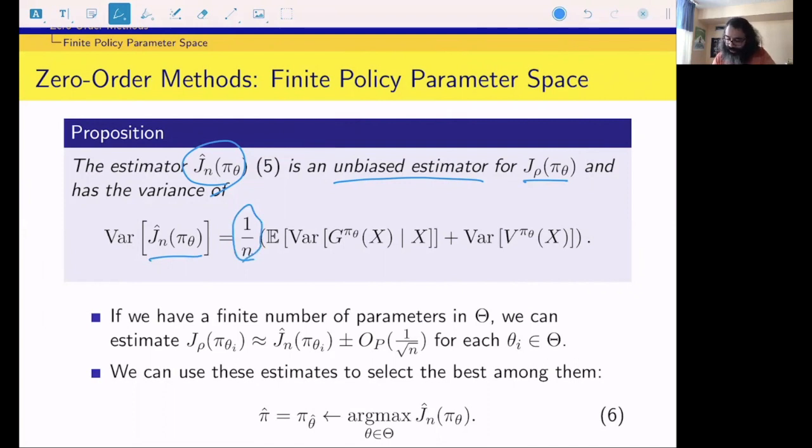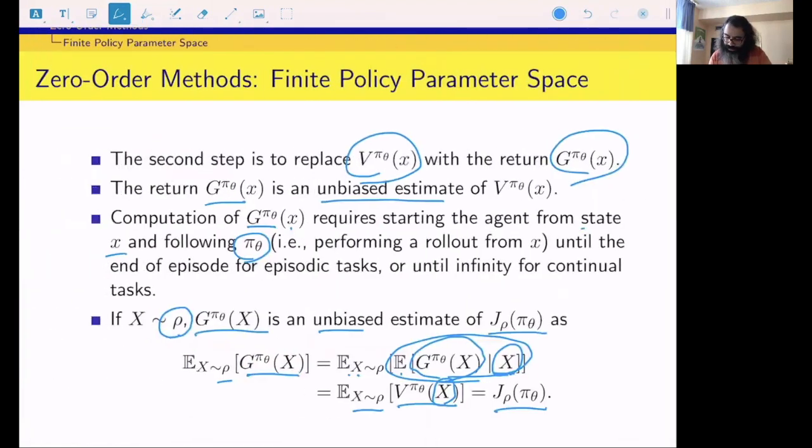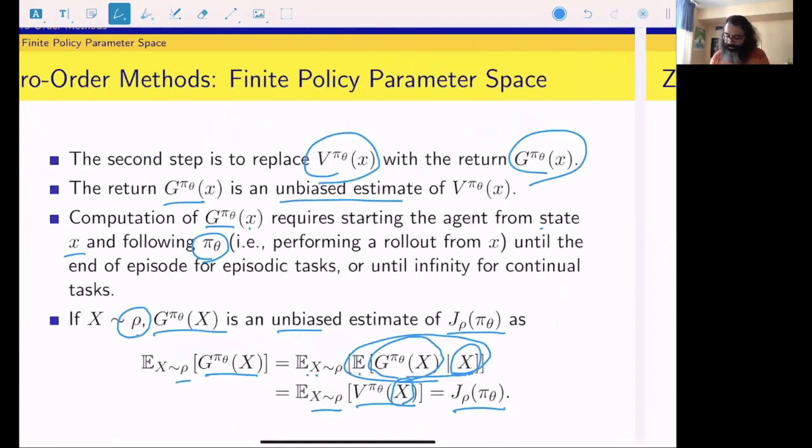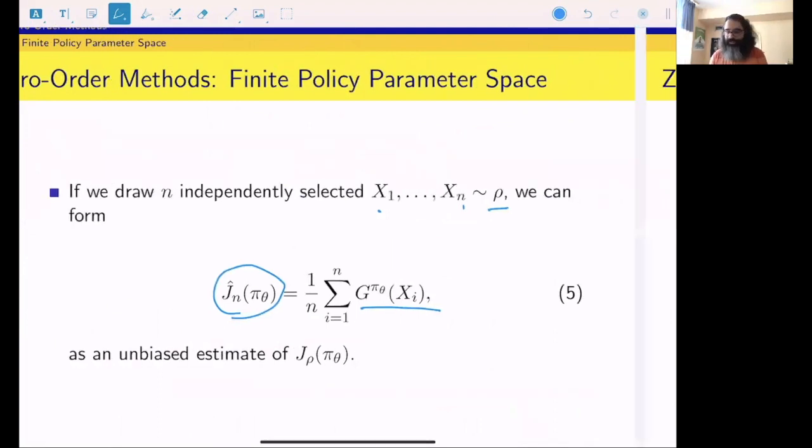And then it has two terms. One is the variance of the value function over the randomness of x. This is exactly the same as what we had in the first case, where we assumed that v pi is known. So this is the variance from randomly sampling x from the distribution rho, and it only depends on v of pi.